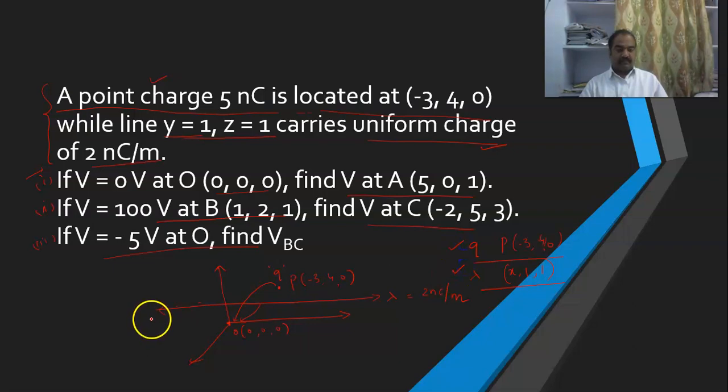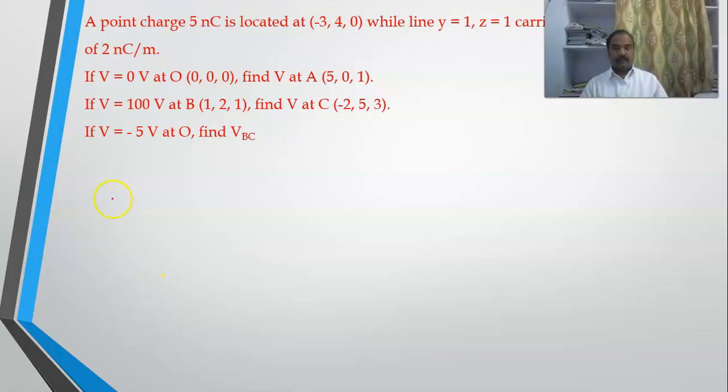Now, moving ahead, we will start with this first one, if V is equal to 0 volts. But before going any further, we do have the first charge, a point charge of, what is its value? 5 nanocoulomb, and its location is (-3, 4, 0).